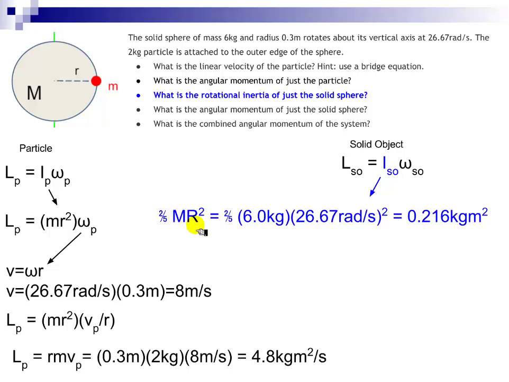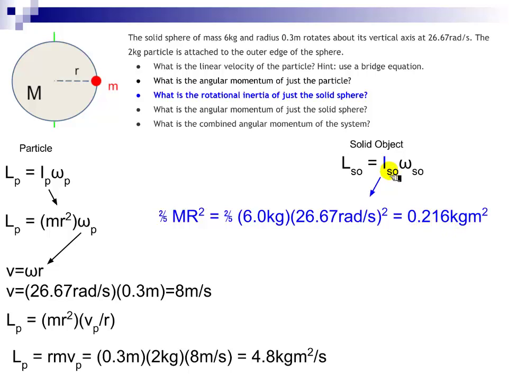And again, you'll always be given the equation for the solid objects. So it's 2/5. Now it's 6 kilograms because the mass of the solid sphere is larger than the mass of the particle. And we multiply it times the radius squared, and we get 0.216 kilogram meters squared.